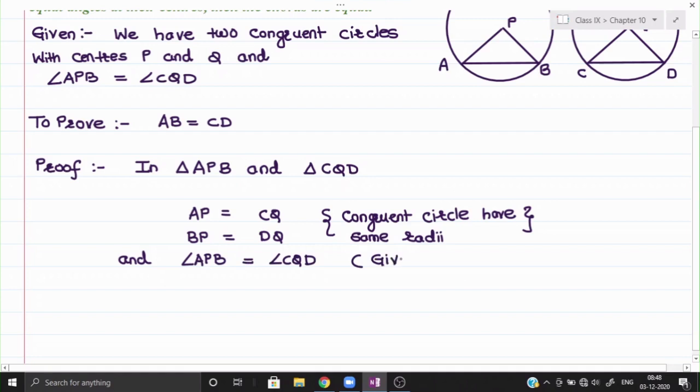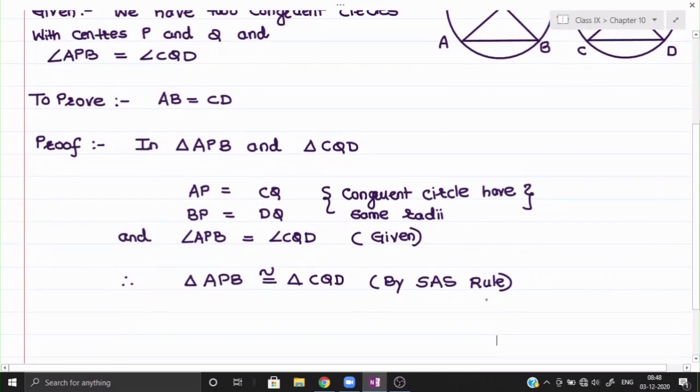Now we can apply the side angle side congruency theorem and say that the triangles are congruent. So triangle APB is congruent to triangle CQD, with the help of the side angle side congruency theorem, because two sides and one angle are equal here, and the angle is also the included angle.